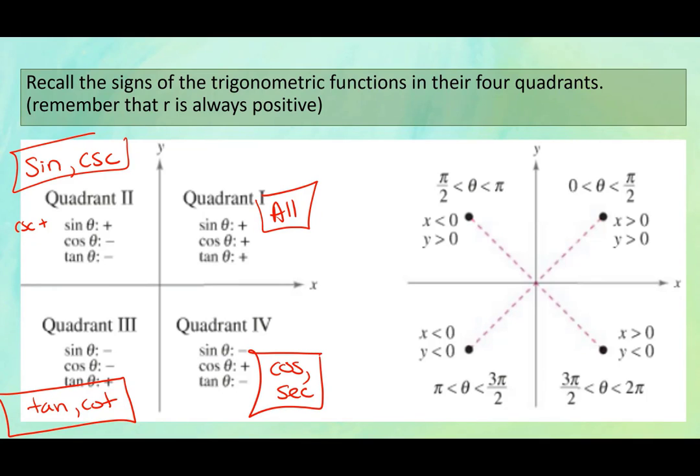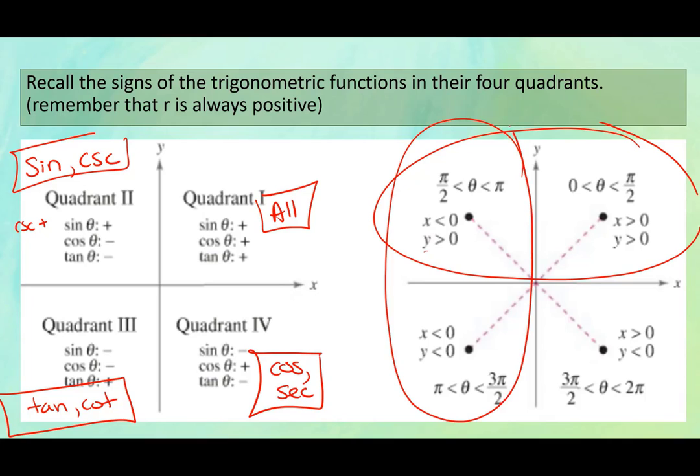Okay? This little graph over here is talking about what values for y and x are positive. We actually just talked about that. Everything in the first 2 quadrants, the y values are positive, as you can see here, okay? And this x value is negative here and here.